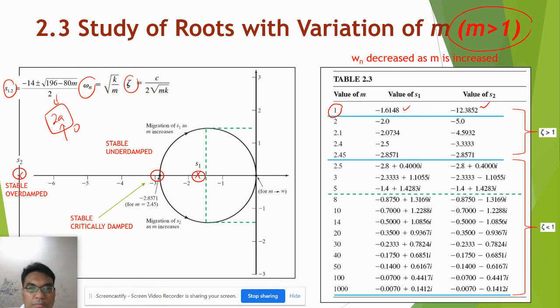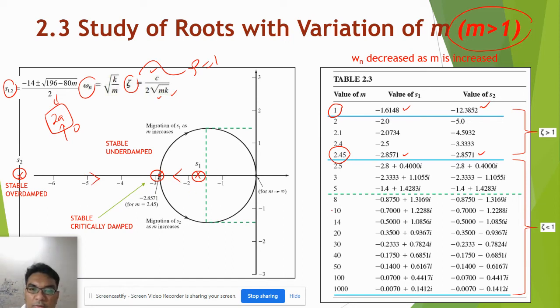Again you replace the value, and with C and K given you can get the value of M. From that you get M equal to 2.45, and the values of S1 and S2 are at minus 2.86, basically at this location. So S1 will move here and S2 will move in this direction.